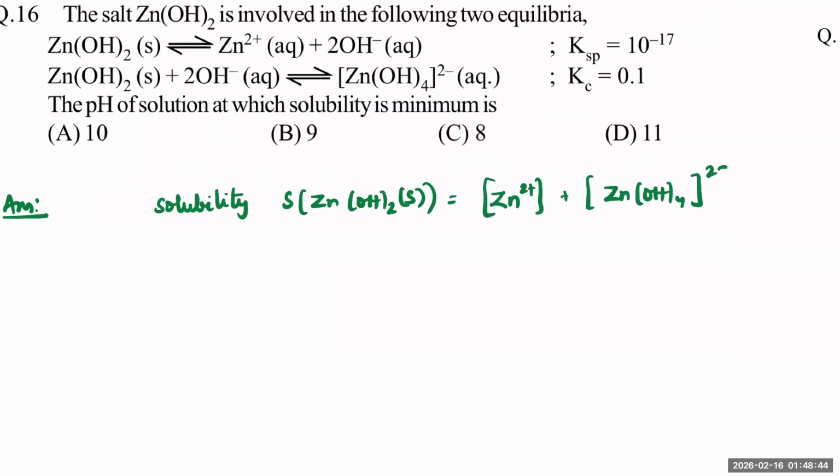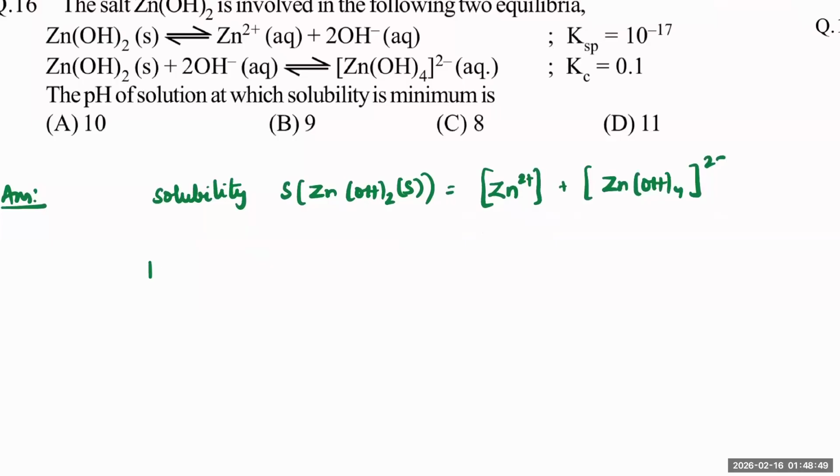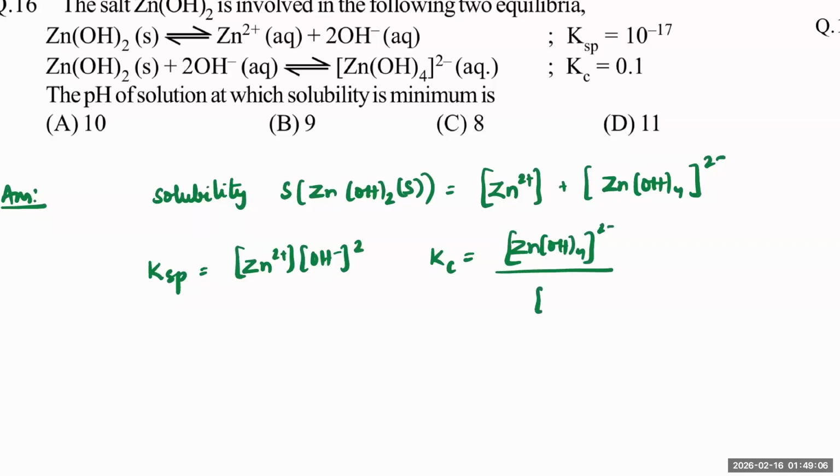Correct? So to get the concentration terms here, in the first case I can say Ksp is equal to Zn2+ concentration into OH- concentration squared. And in the second case, Kc can be written as Zn(OH)4 2- concentration divided by OH- whole square.